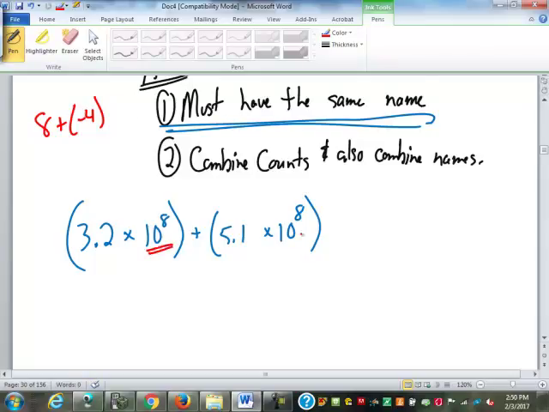Second, we do have the same power of 10, which means we have the same name, so we can add these numbers. And when we add, we combine counts. So we're going to do 3.2 plus 5.1, which is 8.3. And then what power of 10 are we going to have? Times 10 to the what?